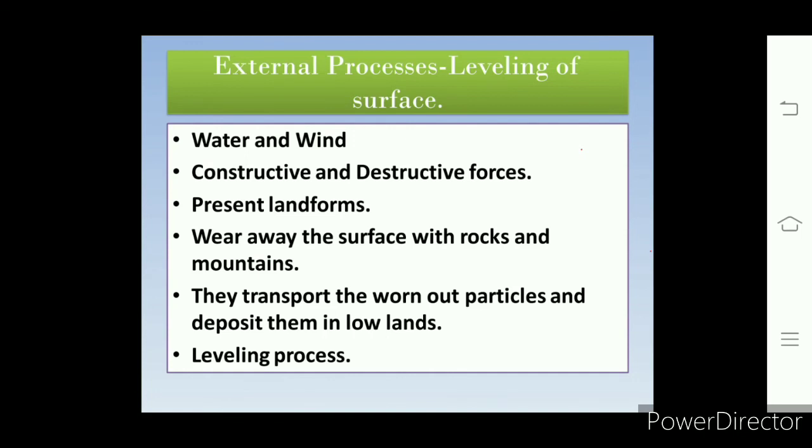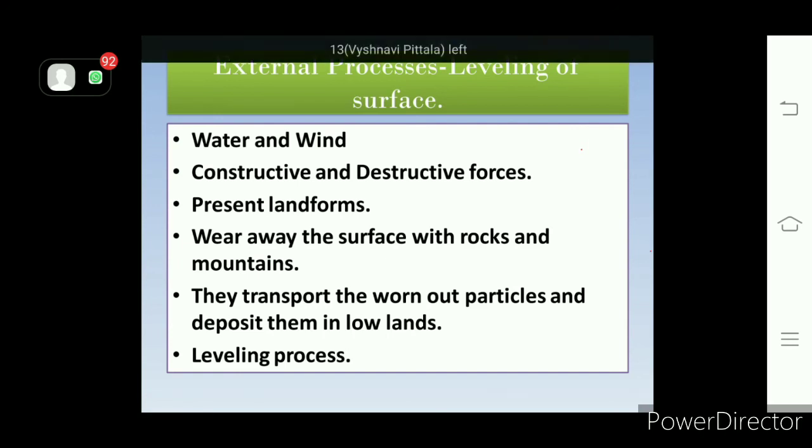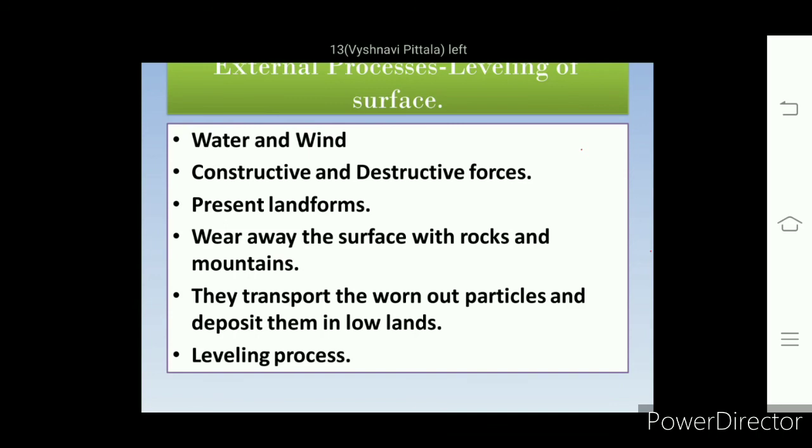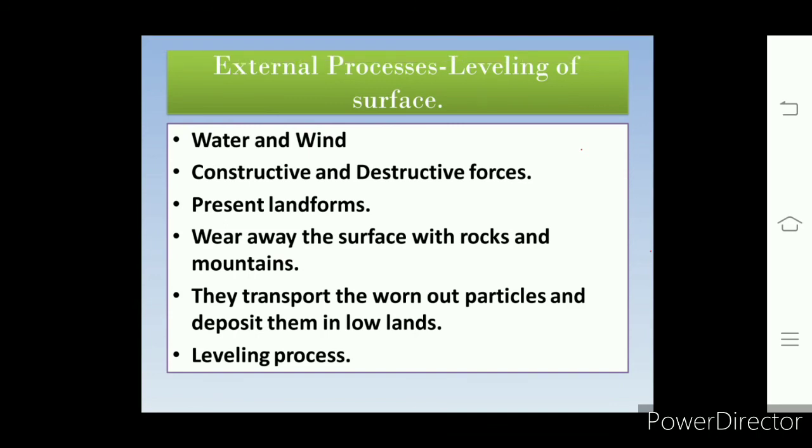The mountain destructed and formed to plateaus, and plateaus are formed to plains. Plains are deposited with the silt brought by water and wind, so they are converted into plateaus. River valleys are converted into plains or plateaus. So some new kind of construction of landforms is taking place by the wind and water. So water and wind are called constructive and destructive forces. They bring change on the existing landforms.